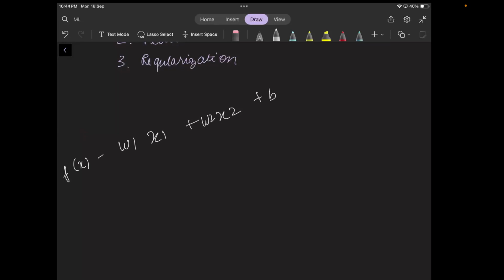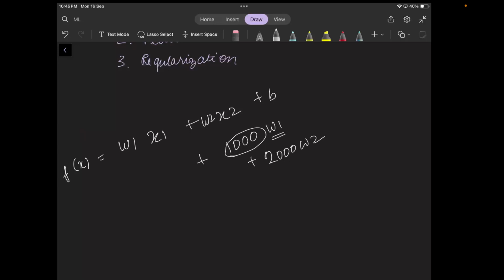I'll just write f of x because by now you would understand that f has two parameters w and b, and it is a function of x. So if I introduce, let's say, 1000 w1 and 2000 w2, this would motivate the algorithm to take a very small w1 because I am multiplying it with a very large value.